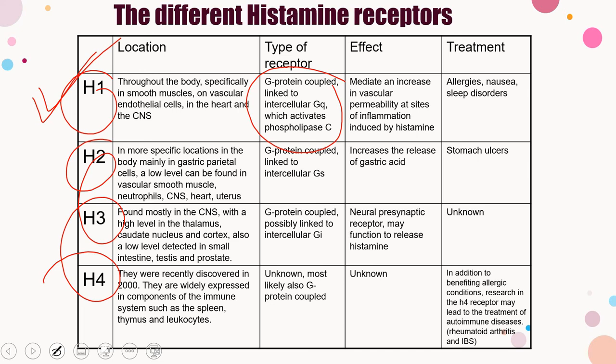The effect is increased vascular permeability, and inflammation is favored by histamine. It triggers the allergic response, nausea, and sleep disorder may be there. So if we use antihistamine drugs, they will block the H1 receptors, and you can thus treat your patients suffering from allergy.